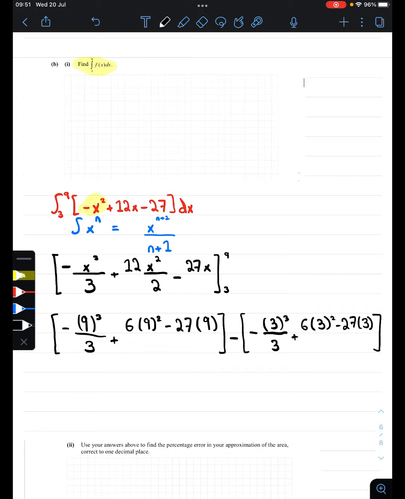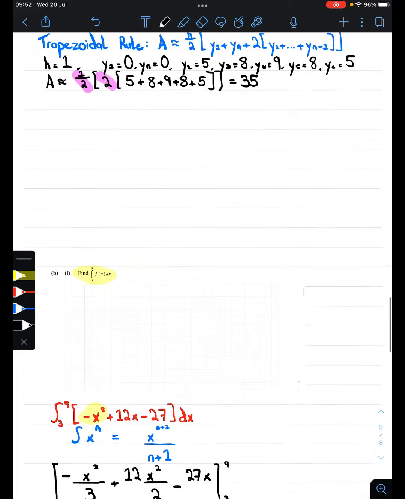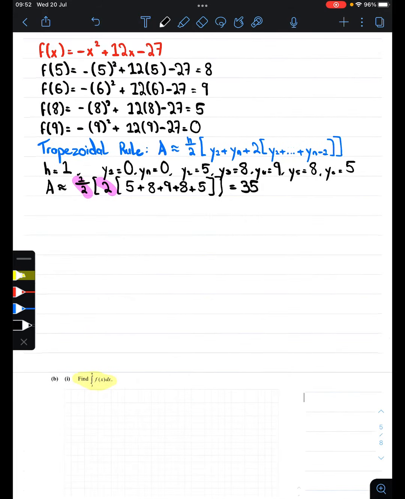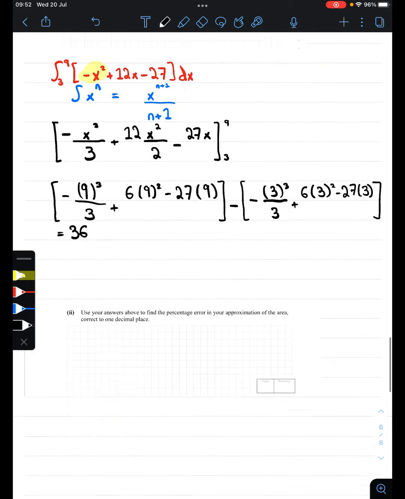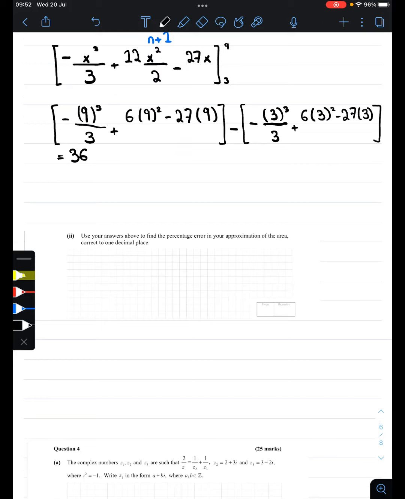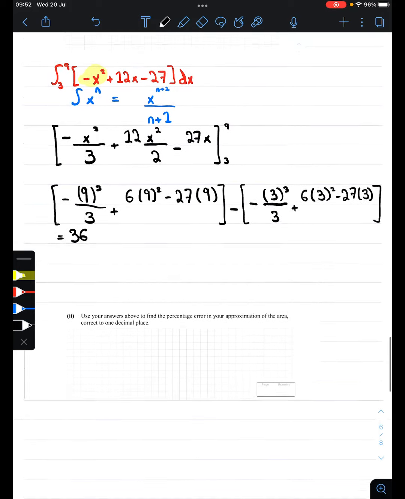If we carefully put this into our calculator, we get that this whole thing equals 36, which sounds about right because our approximation was 35. So, seems right.